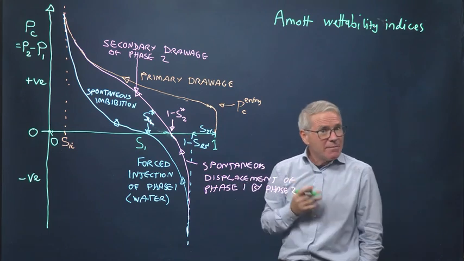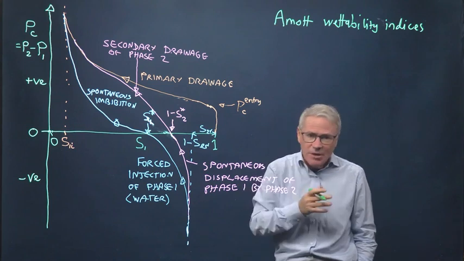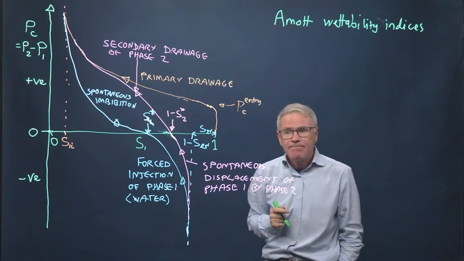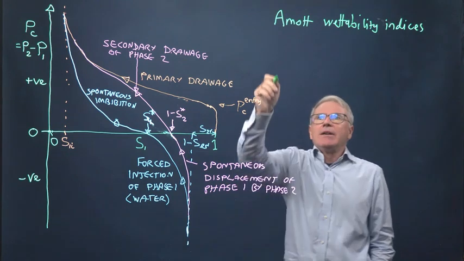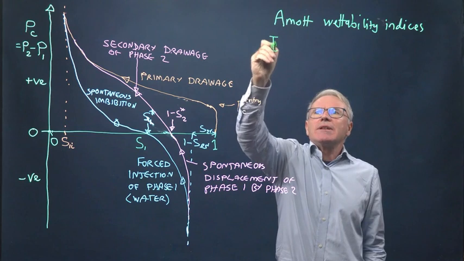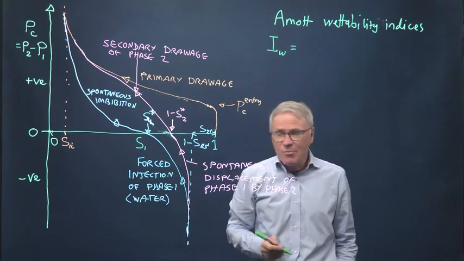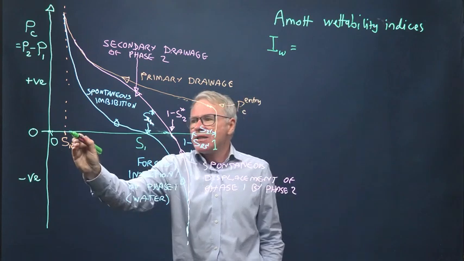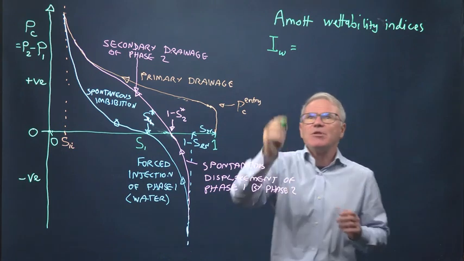Okay, so let's imagine that you've done that experiment. I'm not going to say too much about the experimental protocol, but it's quite standard, certainly in the oil industry. So how do we define our wettability indices? We define a water index, which is the amount of spontaneous imbibition. That's the saturation change during the spontaneous imbibition process.